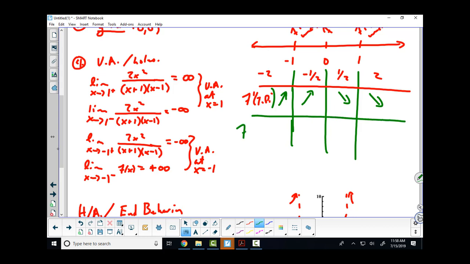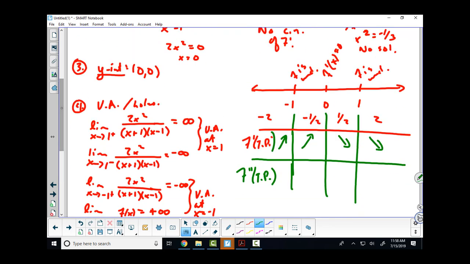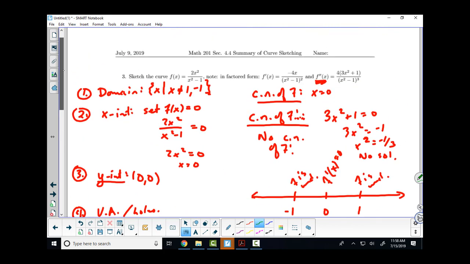Now let's look at f double prime of the test points. So now I'm plugging the test points into the second derivative to determine their concavity. So plug -2 into the second derivative. Notice that the numerator will always be positive. So the only sign is the negative.